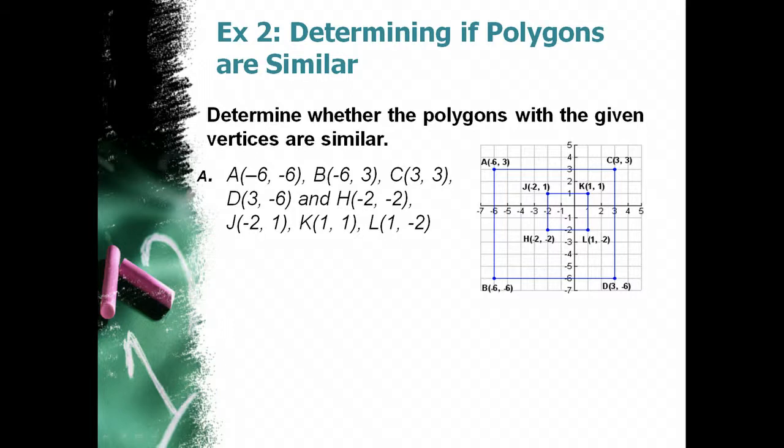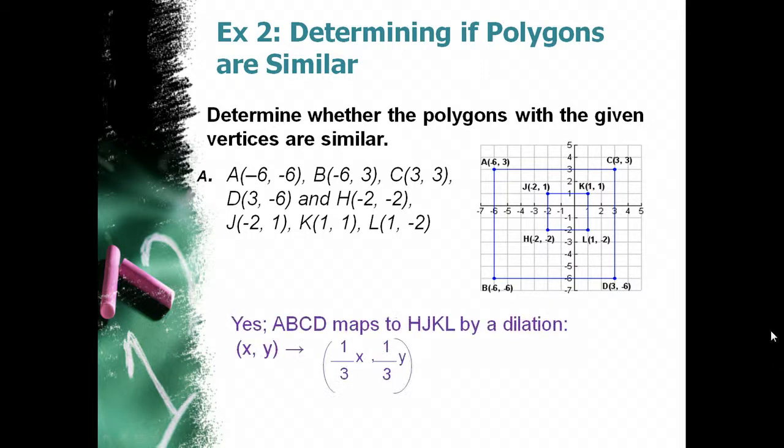And the figure HJKL, so that H is at (-2, -2), J is at (-2, 1), K is at (1, 1), and L is at (1, -2). ABCD maps to HJKL by a dilation so that (x, y) goes to (1/3 x, 1/3 y).